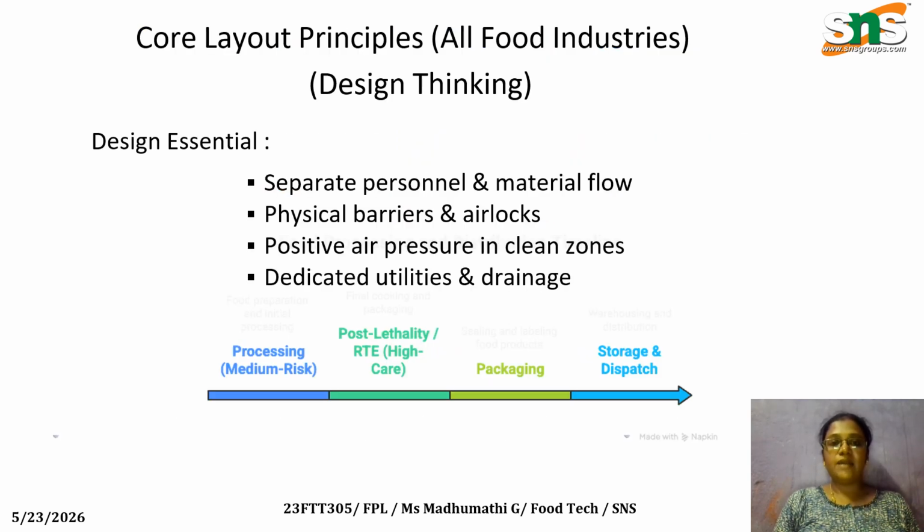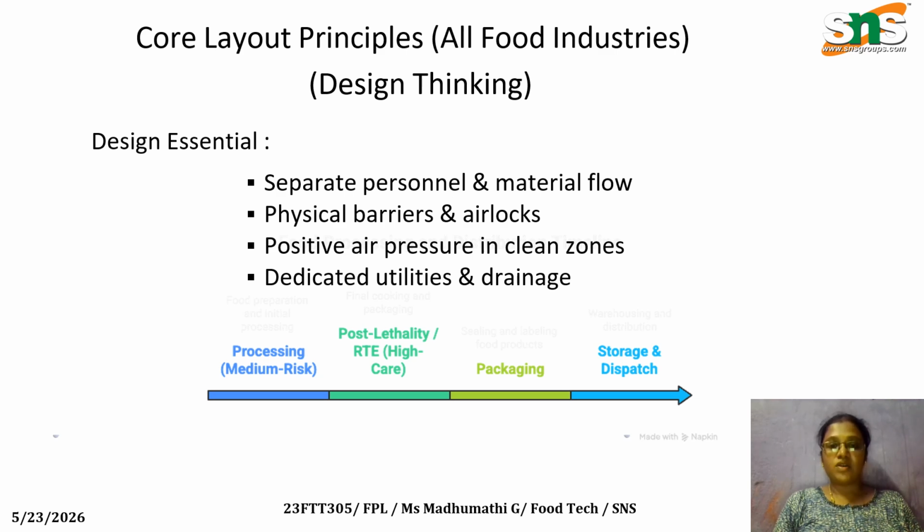So, basically, what are the core layout principles? That is, what are the design essentials that are needed for any type of industry that we are going to consider? The first criterion is that personnel and material flow have to be separate, and physical barriers and airlocks should be properly provided.